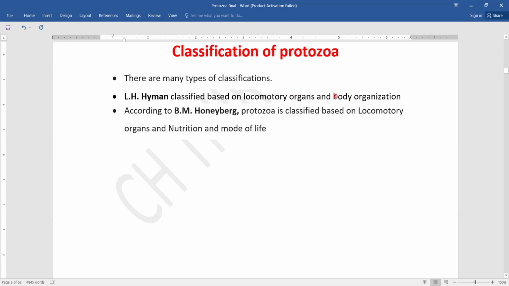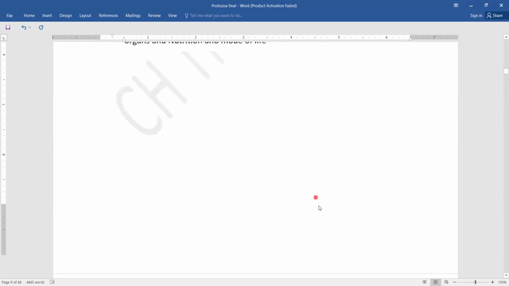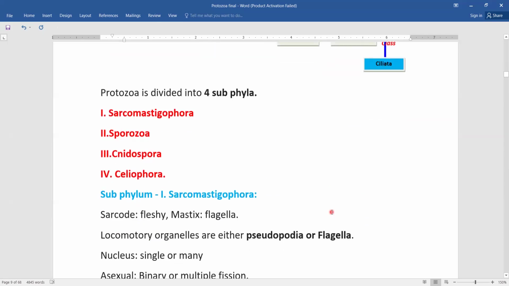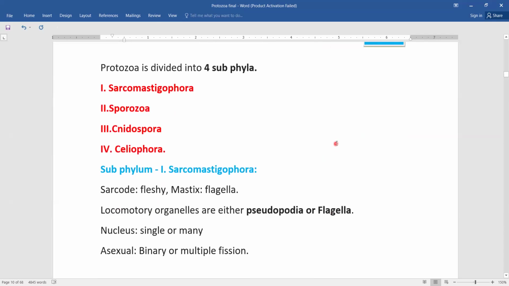Body organization also he took as a basis for classification. Whereas B.M. Honigberg classified protozoa based on locomotory organs and nutrition mode of life. You should remember these two points. I have given only important points in every class. So anyway, this is classification.